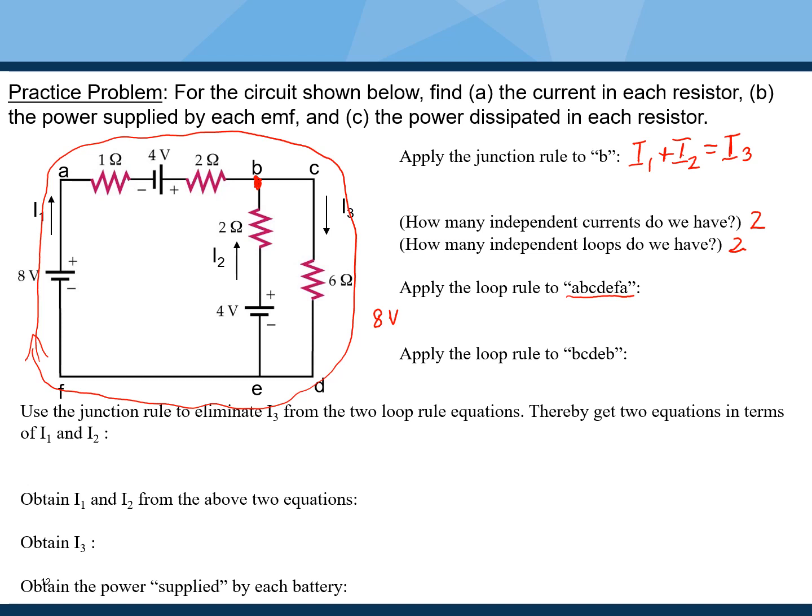So we'll have a voltage drop of minus 1 ohm times I1. Then we go through the 4-volt battery that is on the top leg of this circuit in the segment A to B. So we have a voltage rise of plus 4 volts.